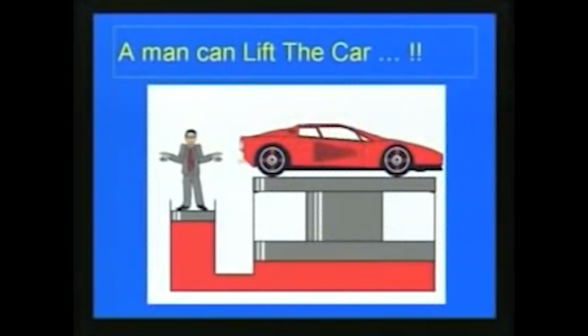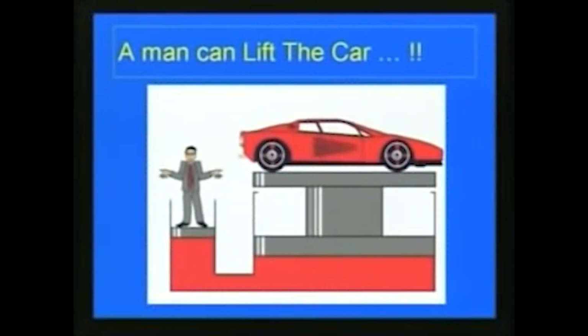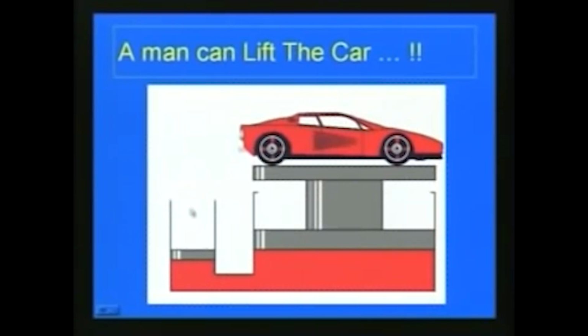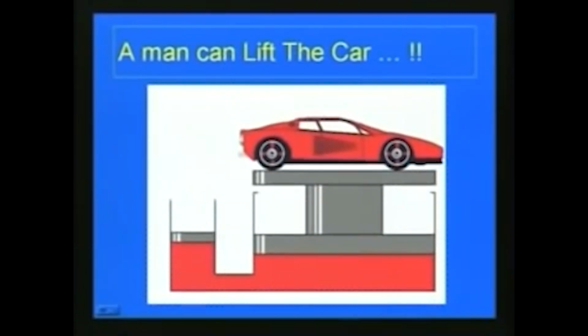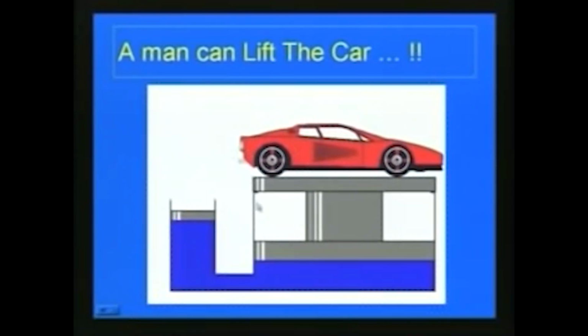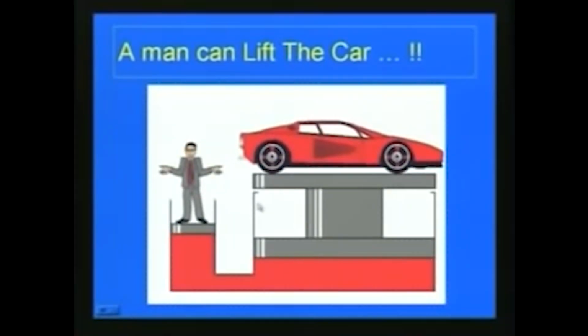Now, just one application here: you can see, a man can lift the car. Here a car is placed on this side, and on the small cylinder a man is standing, and just with his weight, due to the application of this principle, the car is lifting. That is very obvious from this animation.